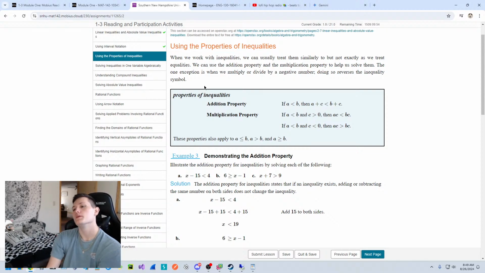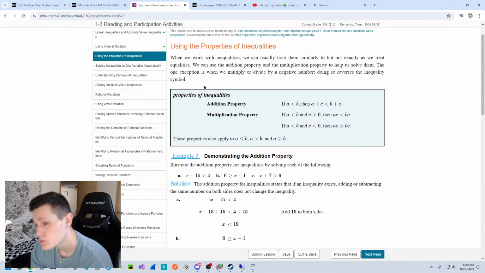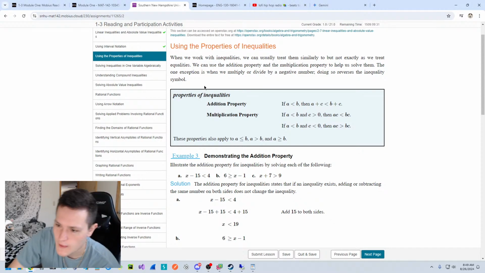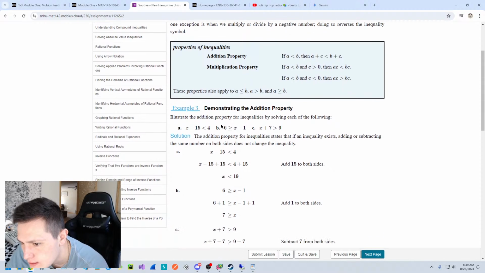If A is less than B and C is less than 0, then AC, you just flip, BC. How do you know if these properties also apply to A is less than or equal to B, A is greater than B, and A is greater than or equal to B? This is kind of weird.